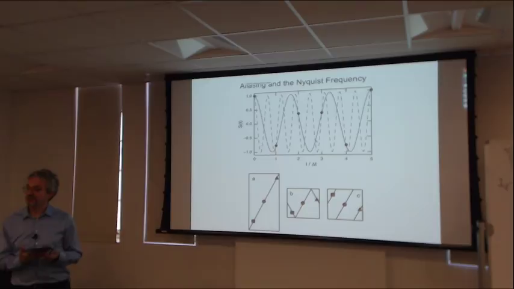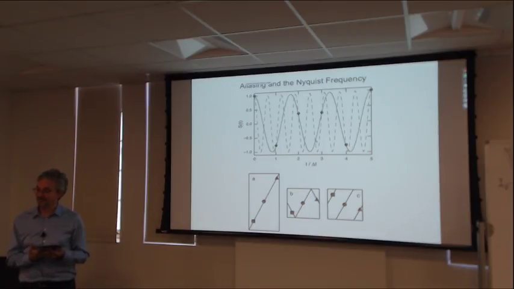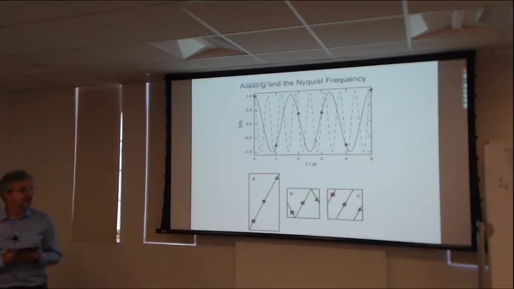So when I Fourier transform the data I collect, I can't tell those two signals apart. I can't tell that I had two different frequencies, because I happen to have sampled them when the two frequencies have the same amplitude. This is called aliasing in NMR, or folding.